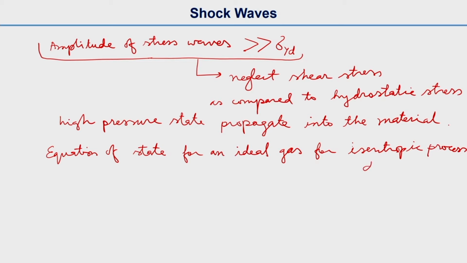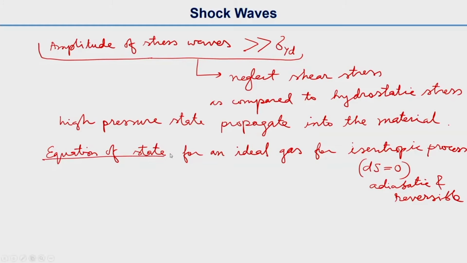Isentropic process means change in entropy is equal to 0, or isentropic means adiabatic and reversible. So we are neglecting the shear stress as compared to the hydrostatic stress.